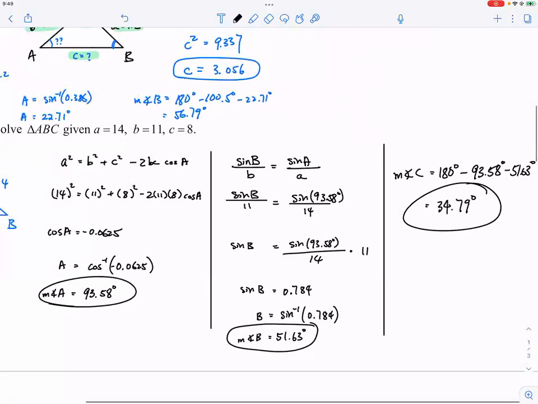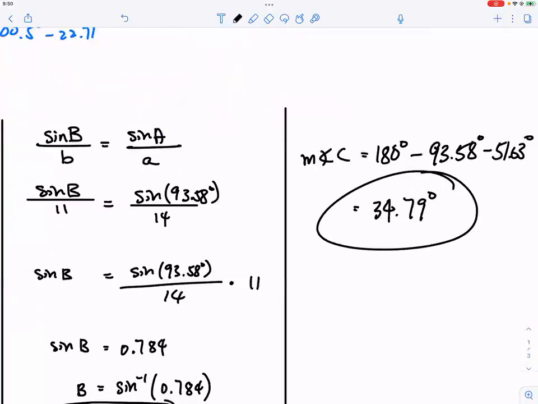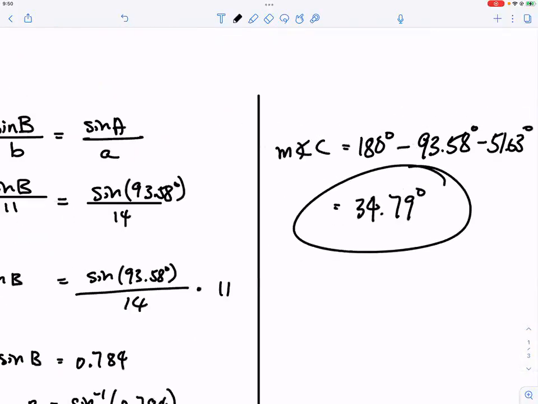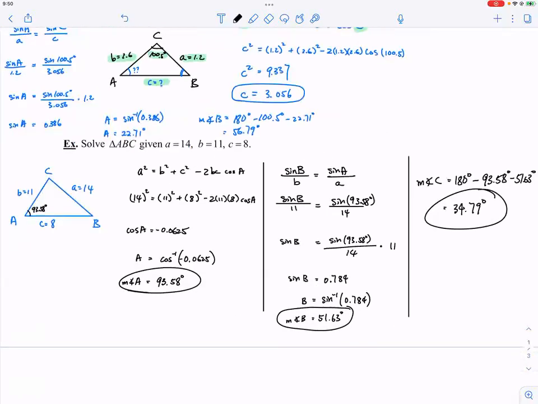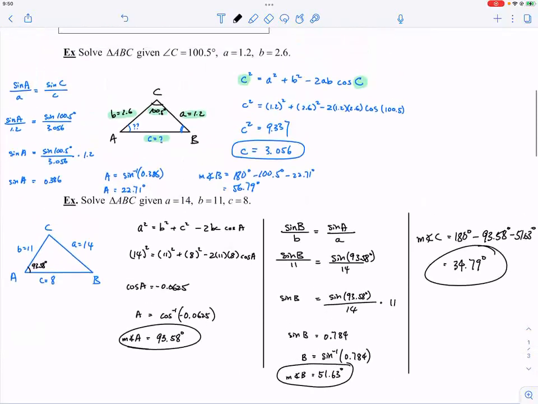Now sometimes your rounding could alter the digits slightly, and that's fine. No matter how you round, I don't think that would affect all the way to the ones digit. So if you say, can I give you 34.8 instead of 34.79, I would say that's totally fine.